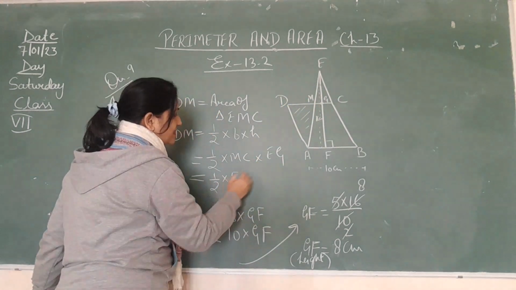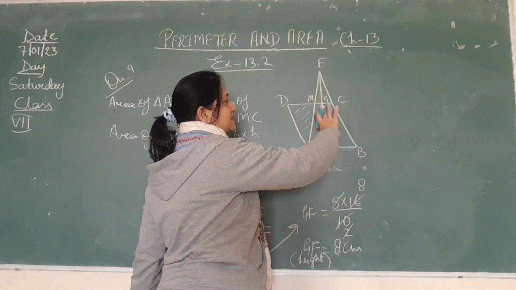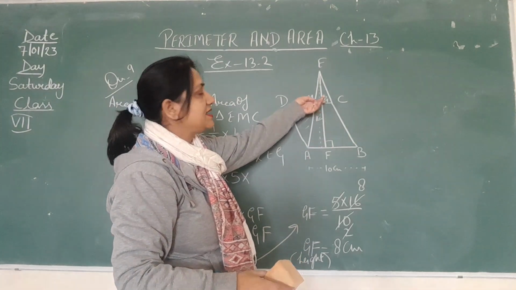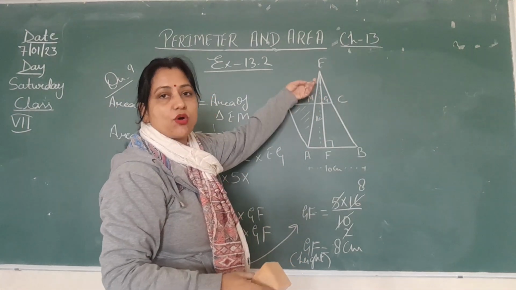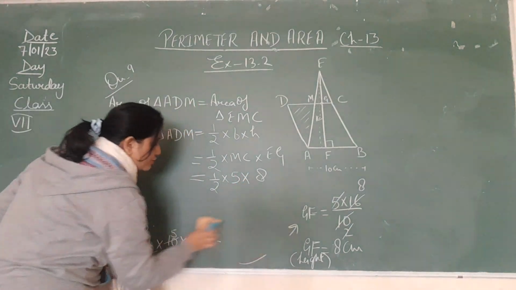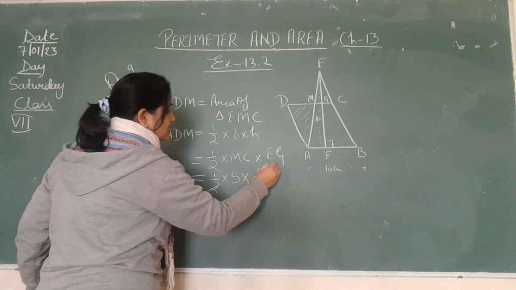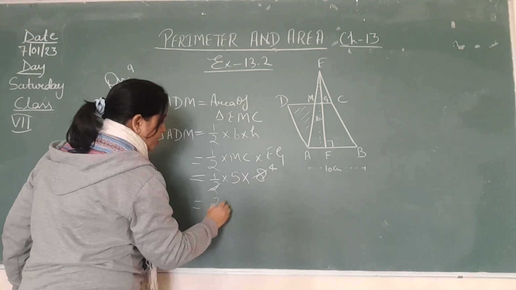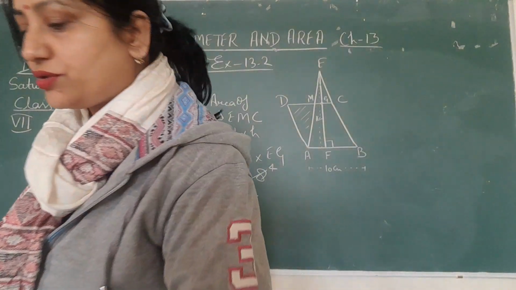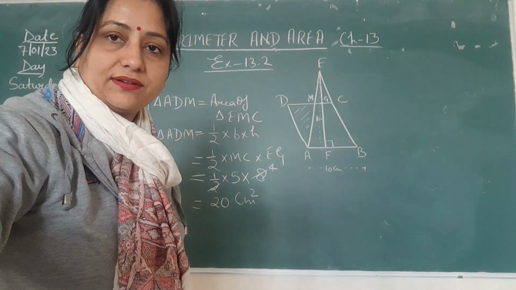So we write 5 centimeter. EG: this whole length is 16 centimeter, and this point is the midpoint, so this will be 8 centimeter. Now I am going to solve this. 2 4s are 8 and 5 4s are 20 centimeter square. Because you have to find the area, I am going to write the unit as centimeter square.